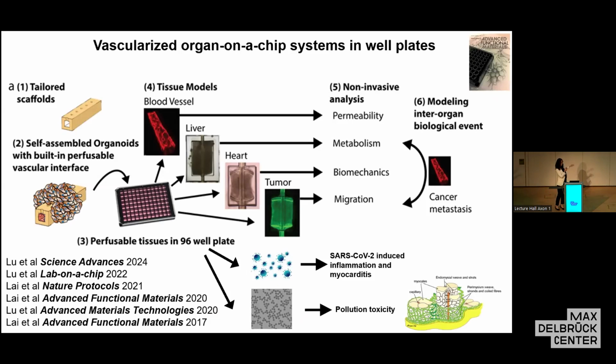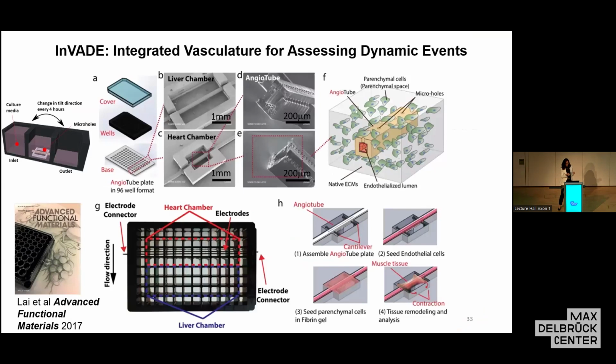And using this platform, which we call the INVADE platform, we were able to develop models of blood vessel, liver, heart, tumor, to use this system to study SARS-CoV-2-induced inflammation as well as pollution toxicity. So the bottom of this well is created by hot embossing in the craft facility that I mentioned.